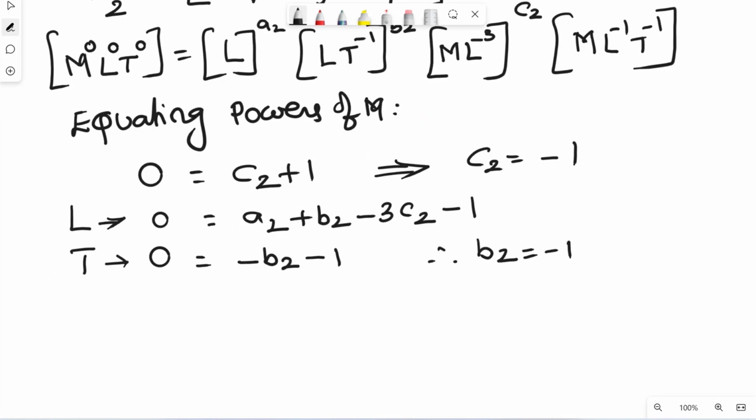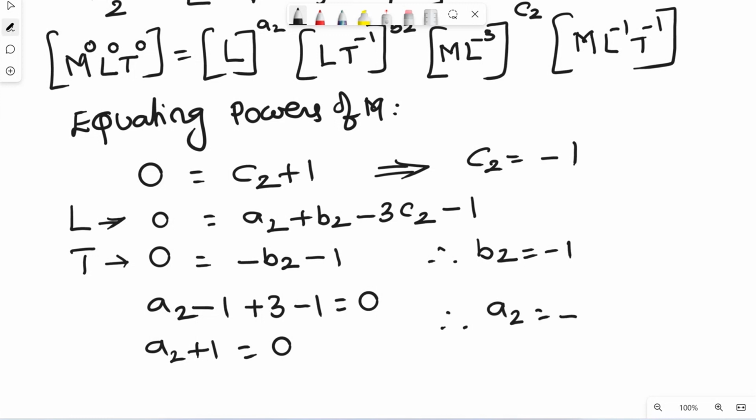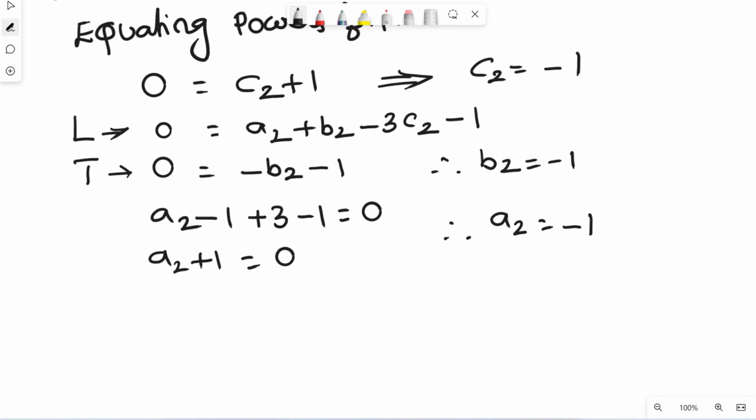Similarly, if you substitute, a2 minus 1, plus 3, minus 1 is equal to 0. So that means a2 plus 1 is equal to 0. Therefore, a2 is equal to minus 1. So this is the second one: a2, b2, c2.